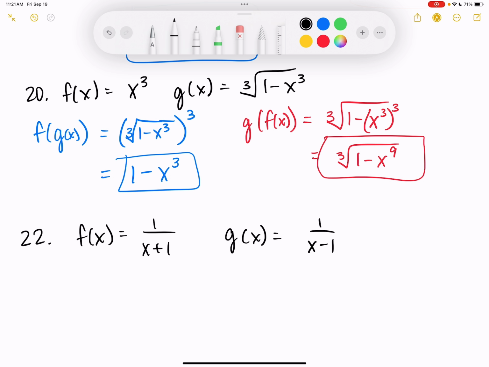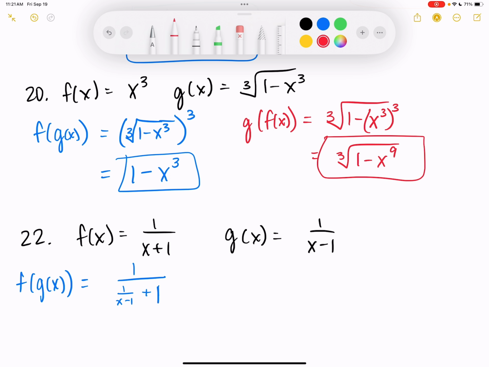All right, so doing the same thing here. So f of g of x is 1 over x minus 1 plus 1. A fraction? I need to get a common denominator on the bottom so that I can combine that stuff, because otherwise there's nothing else I can do legally.